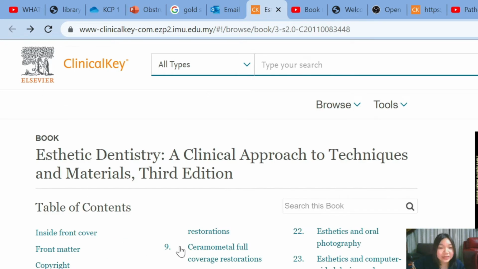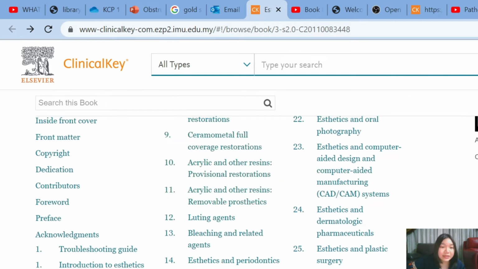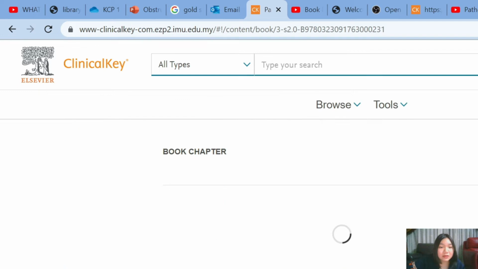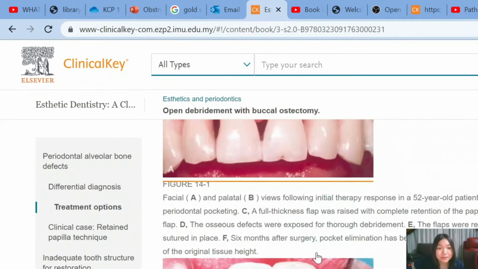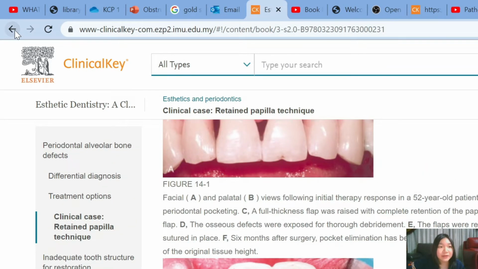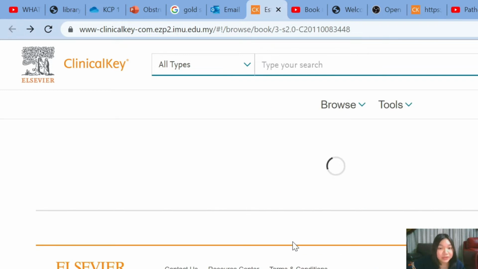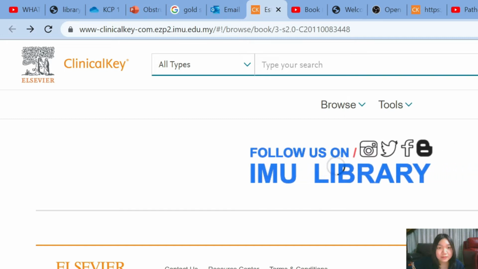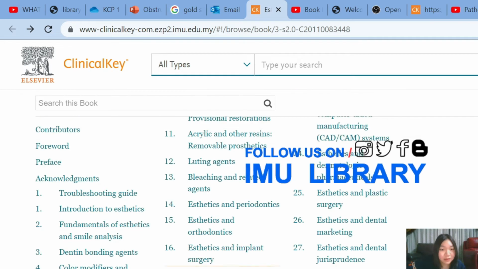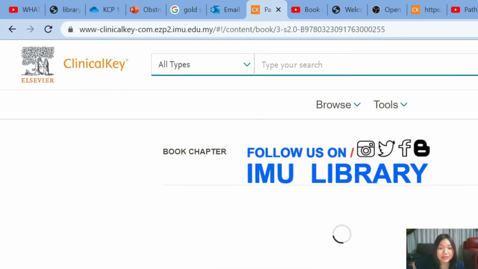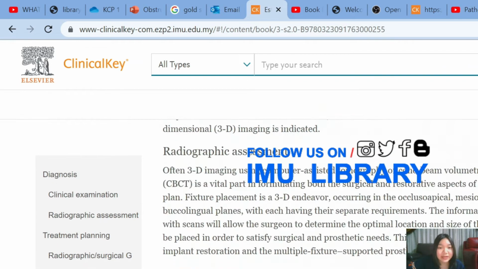The second thing I like about this book is that it has a lot of photos and a lot of diagrams. For example, in this chapter, you can see there are a lot of diagrams and pictures. Then let's see another chapter, aesthetics and implant surgery.